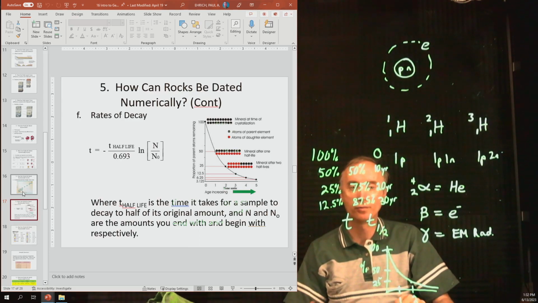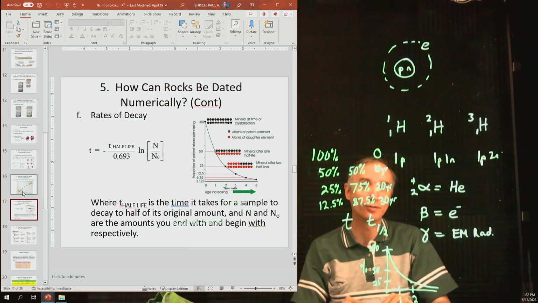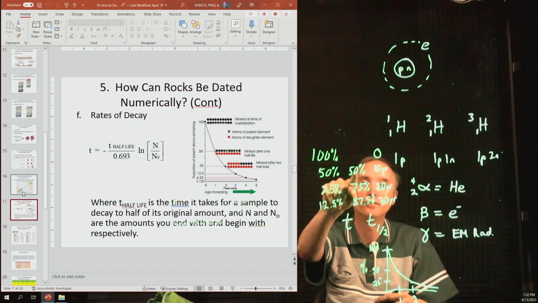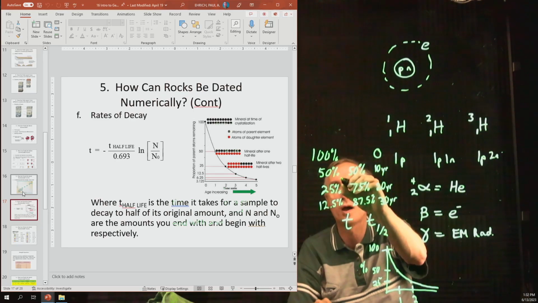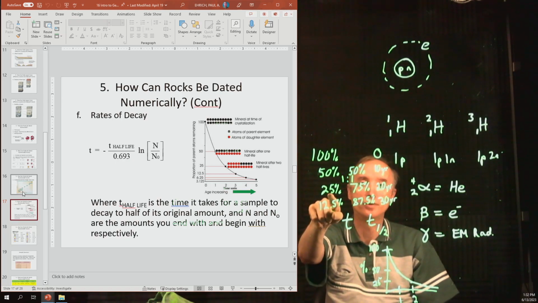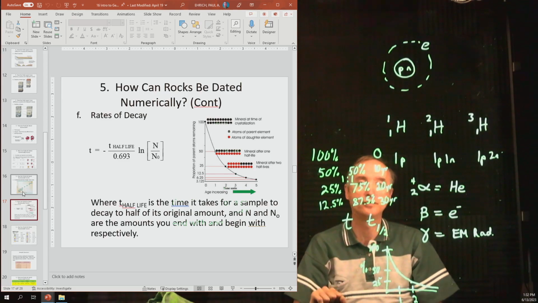Now there's another way of writing this which you should be familiar for the exam. So instead of saying 50%, 50%, we could say it's a 1-to-1 ratio. Okay, what would this one be? Okay, how many times does 25 go into 75?